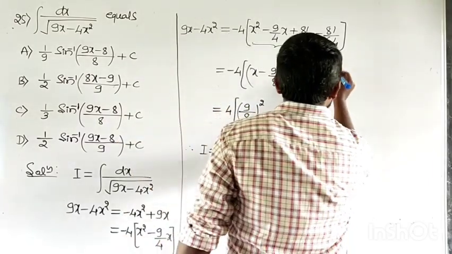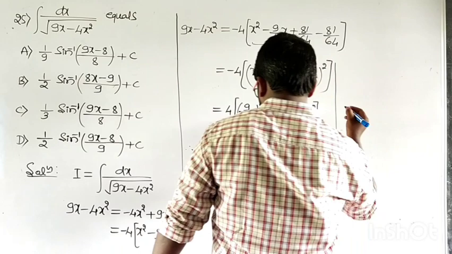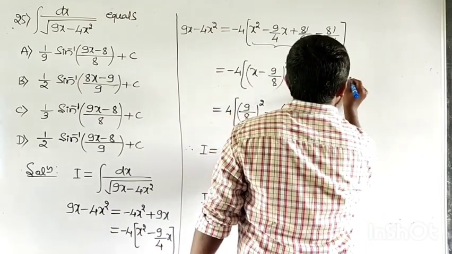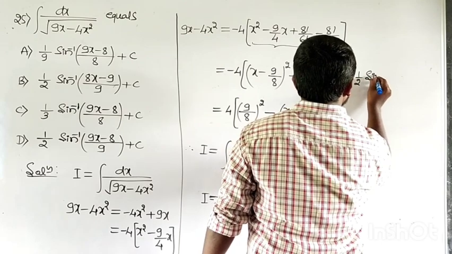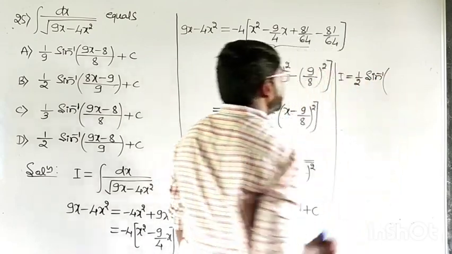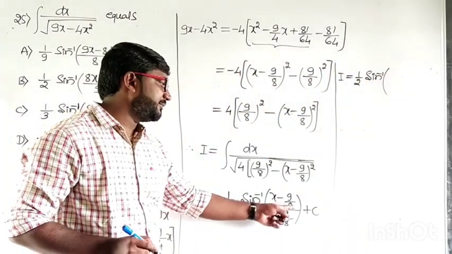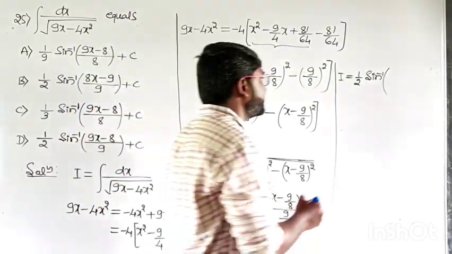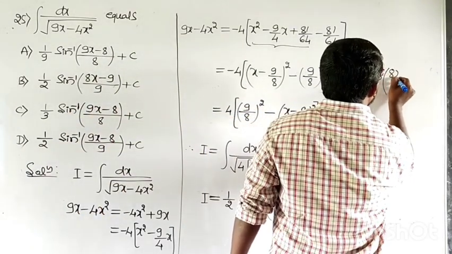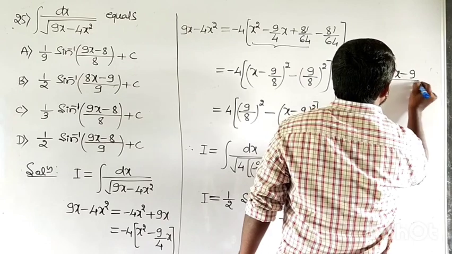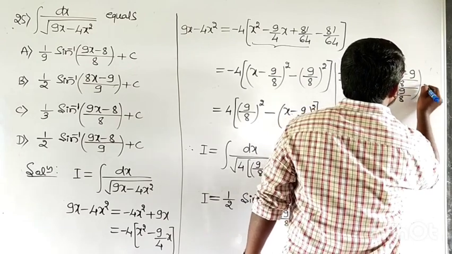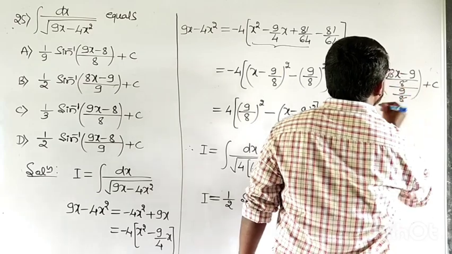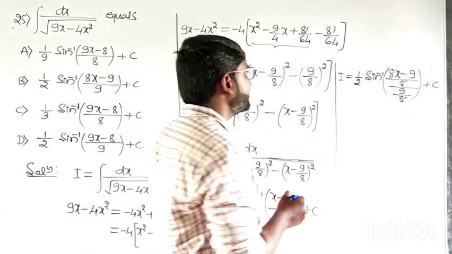So let us simplify this. I, which is equal to 1 by 2 sine inverse. Take up the LCM now. 8 will be multiplied with x. We get (8x minus 9) divided by 8, then the whole divided by 9 by 8, plus c. So 8 and 8 get cancelled. I write the remaining term now.